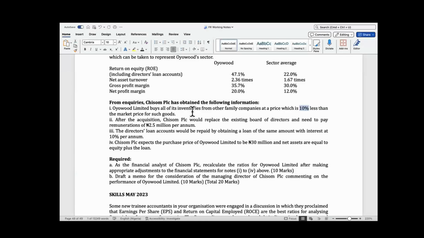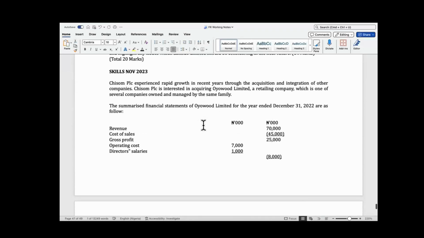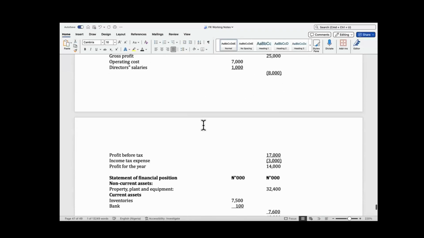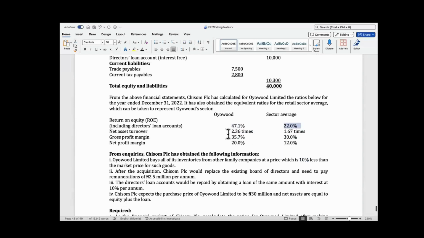Because from here now, it shows that the account of Oyo Wood, this ratio right now is not comparable to industry.